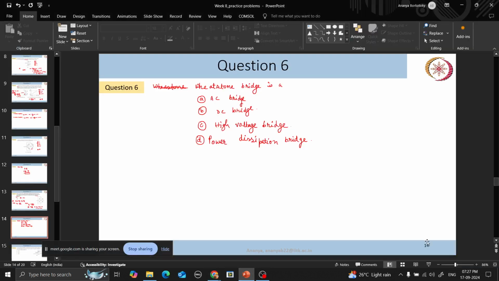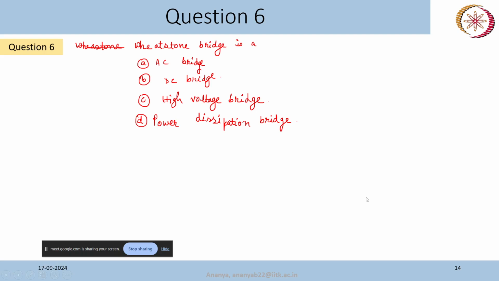Right, this is a DC bridge. So our input voltage is DC and our output voltage is also DC. Can we apply high voltage to a Wheatstone bridge? Maybe we can, but if we apply high voltage, then the current will also be high.